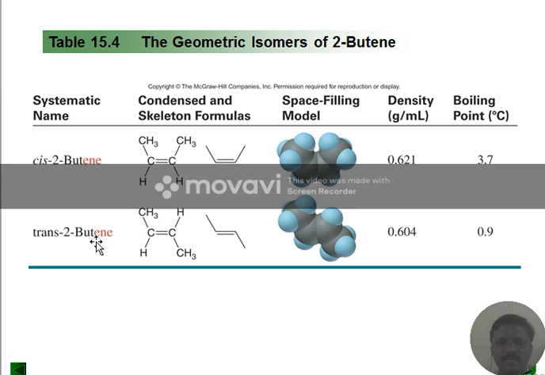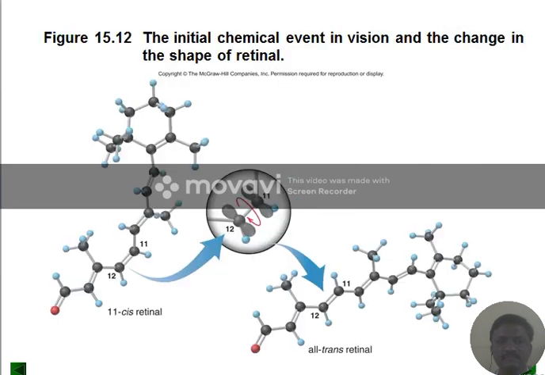Then the density of cis-2-butene is 0.621 and the density of trans-2-butene is 0.640, and finally the boiling point of cis-2-butene is about 3.7 and trans is about 0.9 degrees Celsius. So these are the geometrical isomers of 2-butene.